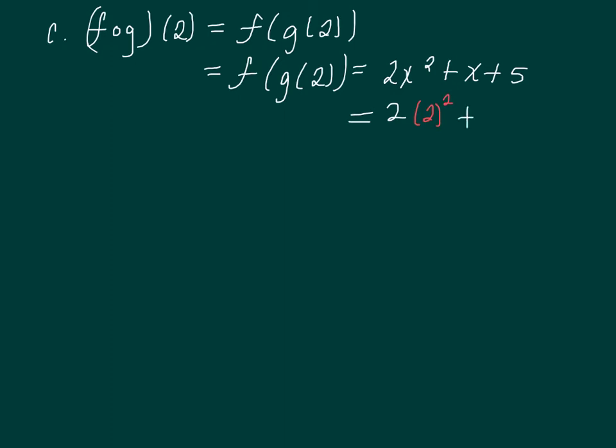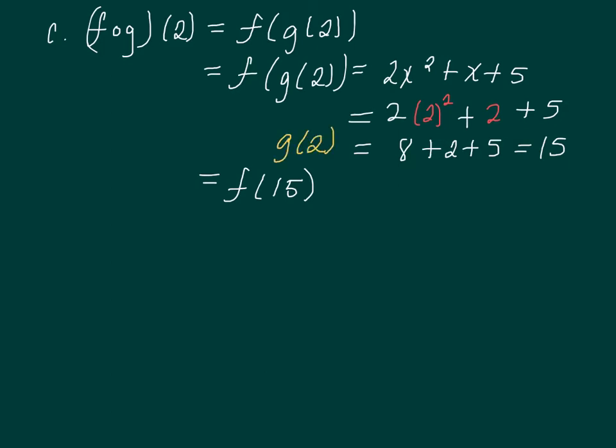Because remember, you always do the inside part first, and do an order of operations. That's 8 plus 2 plus 5. So that answer is 15. So now we're doing f of 15, because remember, this was g of 2.